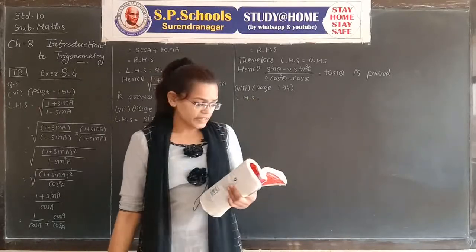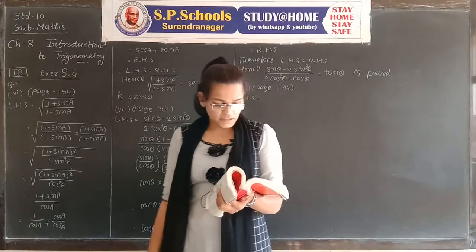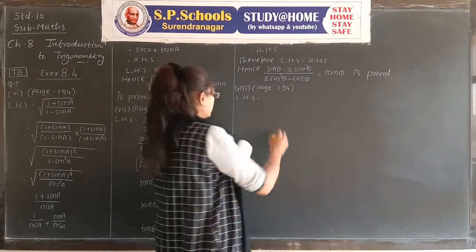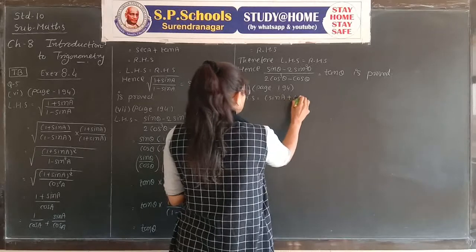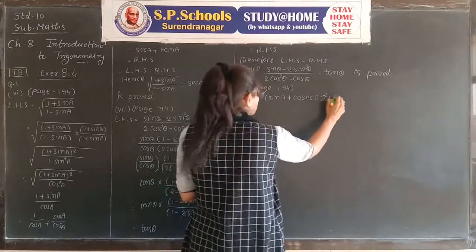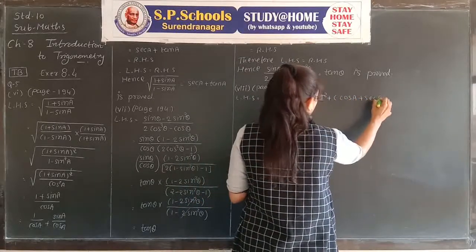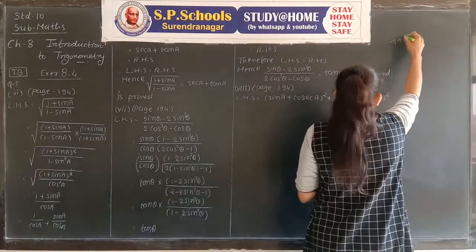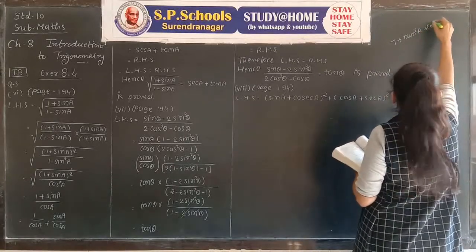(Sin A plus cosec A) whole square plus (cos A plus sec A) whole square is equal to 7 plus tan square A plus cot square A. Our left hand side is (sin A plus cosec A) square plus (cos A plus sec A) square. We require on the right hand side 7 plus tan square A plus cot square A.